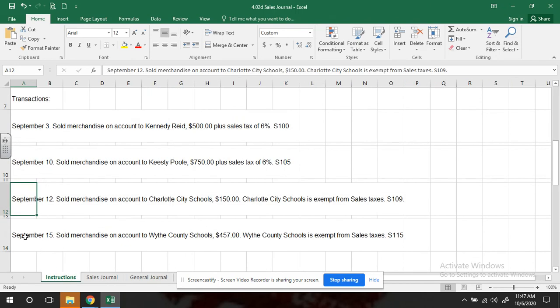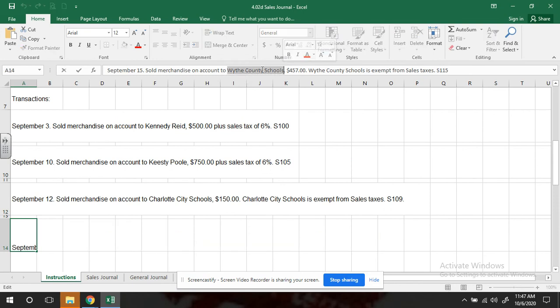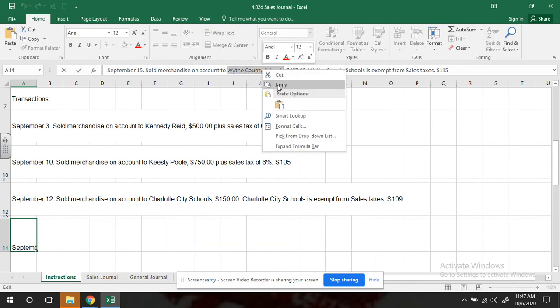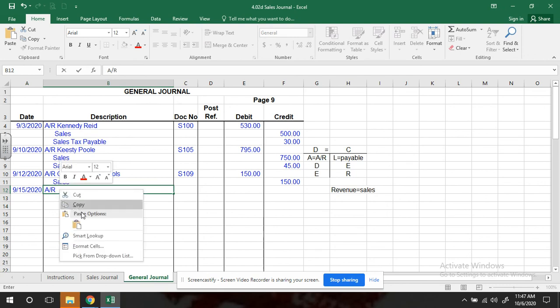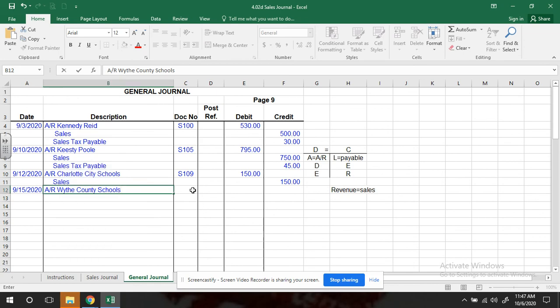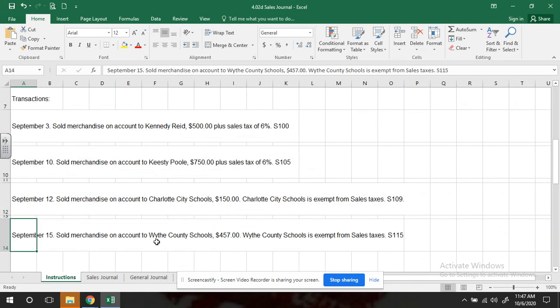Our last transaction is on the 15th to Wythe County Schools. On the 15th, September 15, we put Wythe County Schools, and they were sales invoice 115.